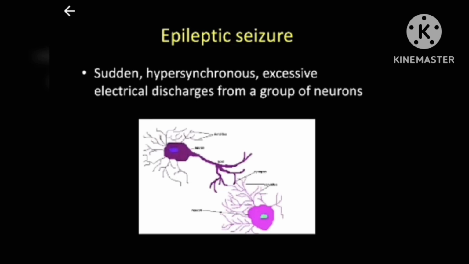So there is an excessive electrical discharge coming from a group of neurons, and they communicate with the others and disturb the rest of the brain by this excessive hypersynchronized discharge from one group of neurons. That is what you mean by an electrical seizure.